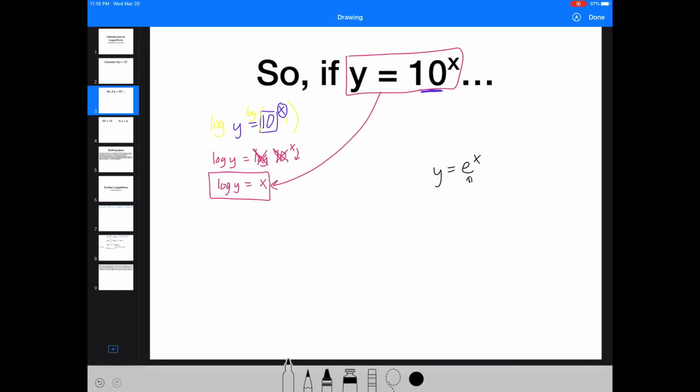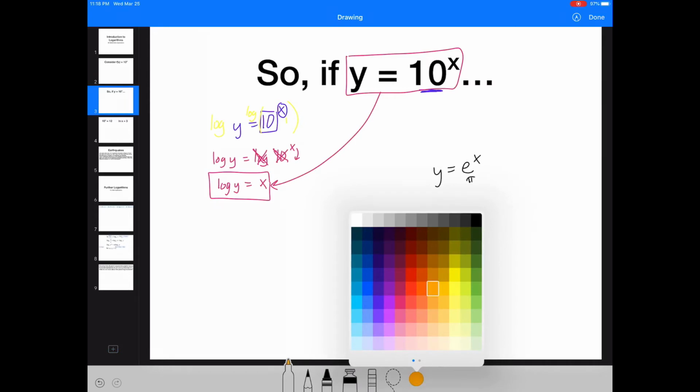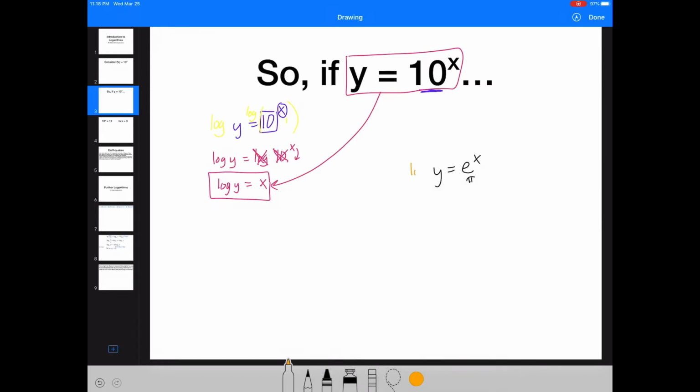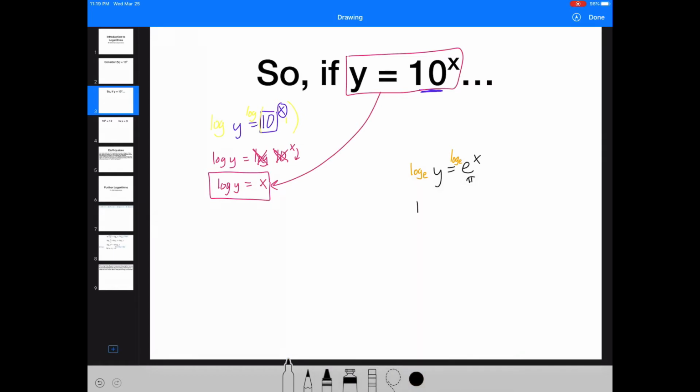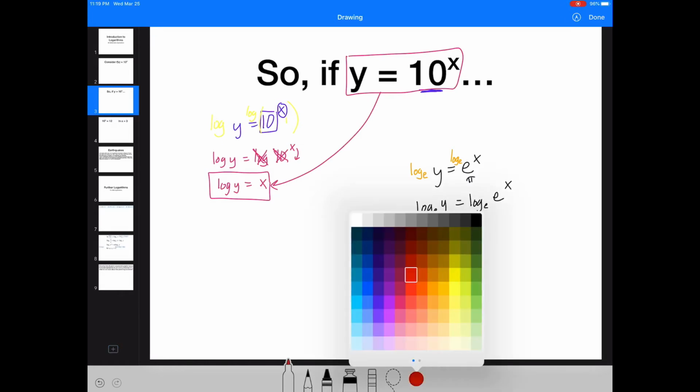Well, the same way as before, if I want to get rid of this exponential, I need to do a log, but this time it's an e, so I'm going to do log base e of both sides. And if I do log base e of both sides, what I end up with is log base e of y is equal to log base e of e to the x.